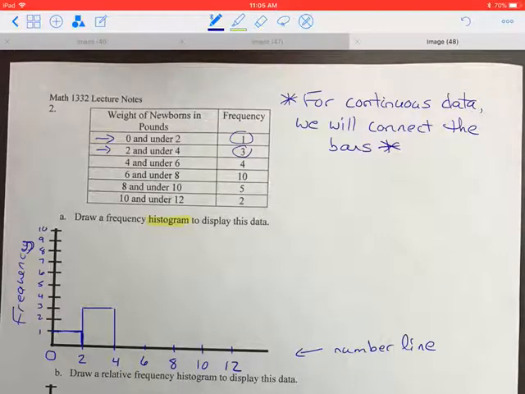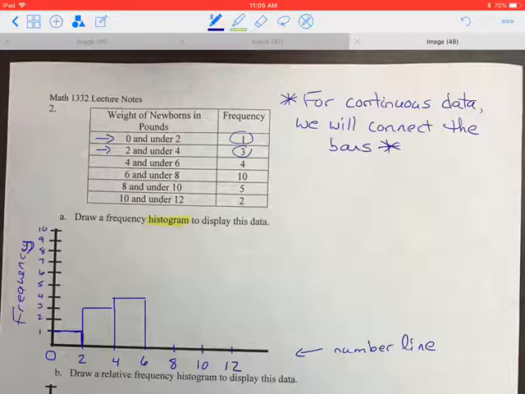All right, didn't get that height perfect, but that's okay. All right, my next category, 4 to under 6, there's going to be 4 of those, so I'm going to make that line a little taller. Okay, make the 6, and then come across here. All right, I'm not making my line super straight, but that's okay.